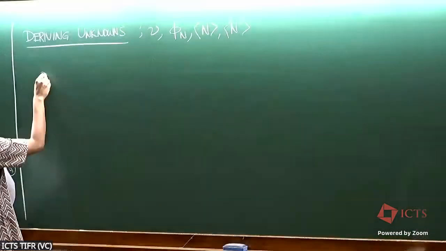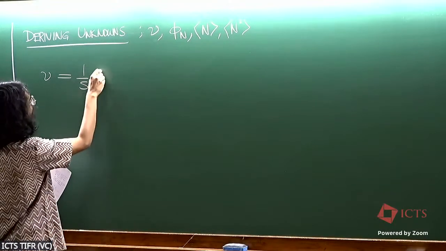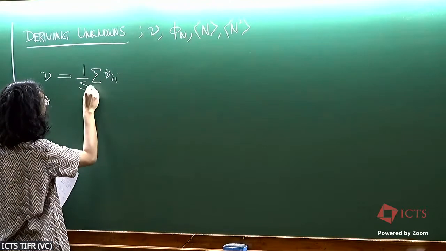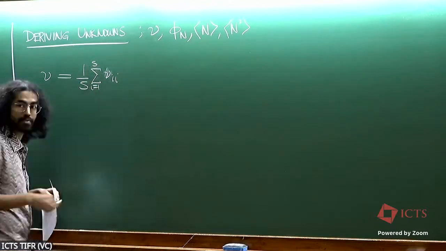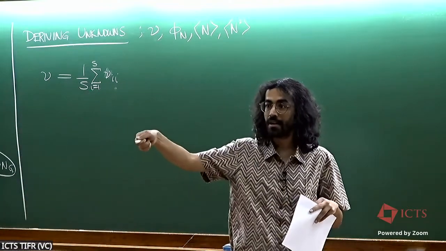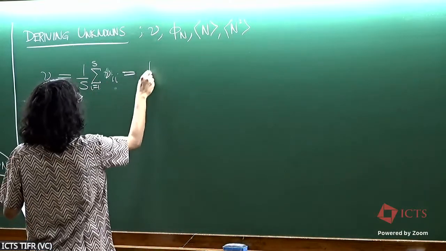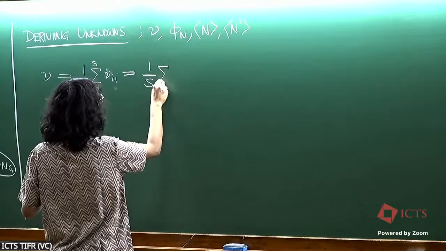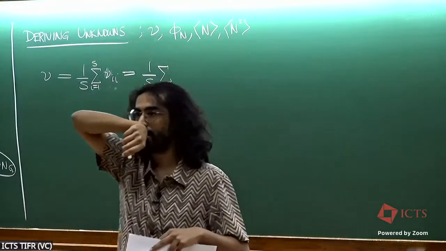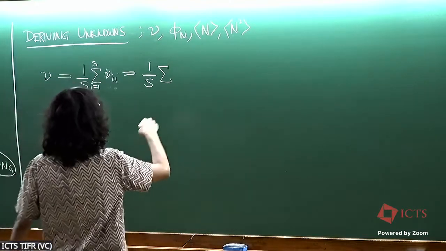So let's think about nu. Nu, remember, was 1 over S times the sum of nu i, where i goes from 1 to S. So this means I have to go and look at the abundances of all species. Let's also remind ourselves what the definition of nu i or nu ij was. Del n_i, del K_i, right?